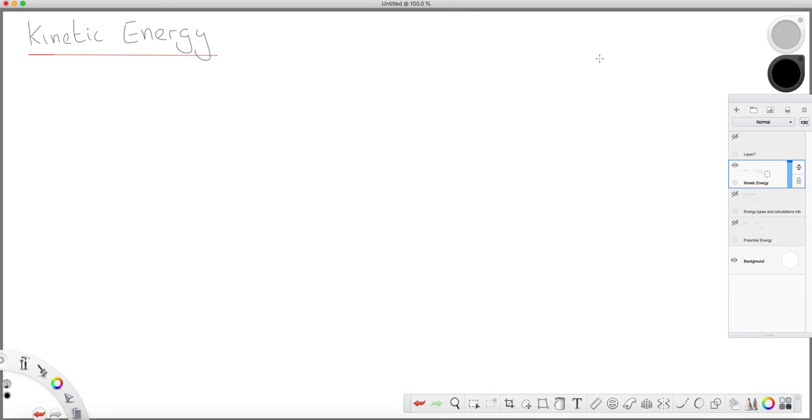This is, of course, energy due to motion. Easy enough to remember if you think, if something's going to hit me, what would affect the amount of pain it causes?